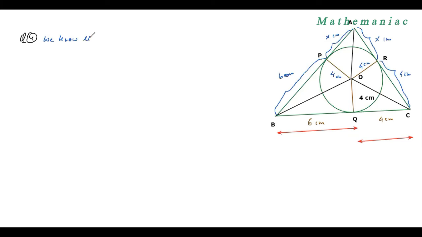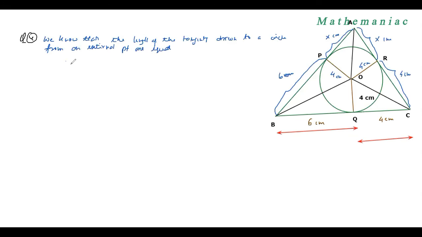We know that the length of the tangents drawn to a circle from an external point are equal.